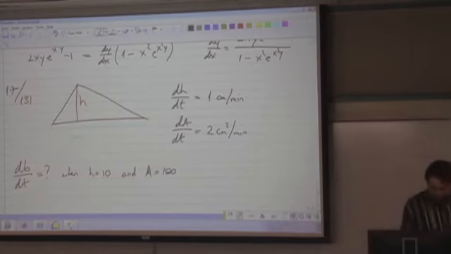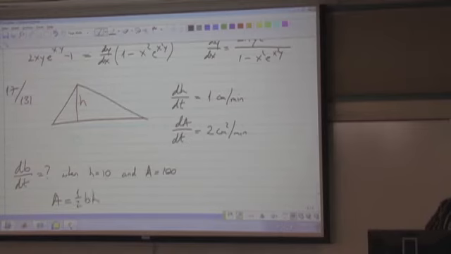Area formula for the triangle. What does it say? Area is equal to 1/2 base times height. So dA over dt is equal to 1/2 db over dt times h plus 1/2 dh over dt times b.